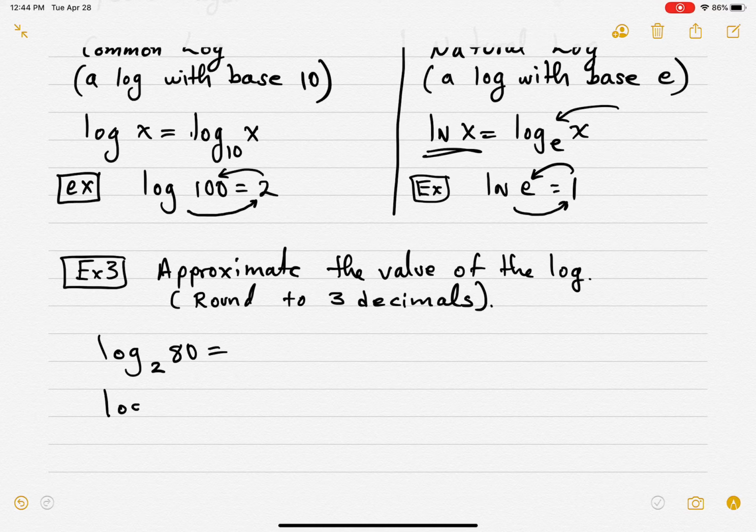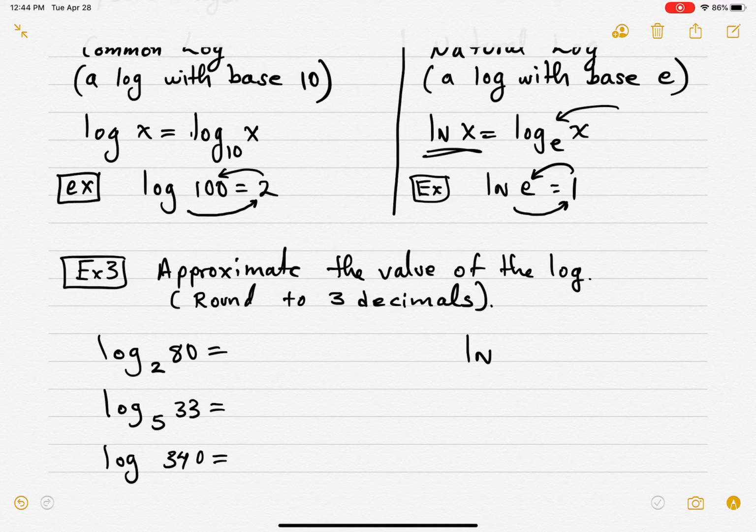What is the log base 5 of 33? And what is the log of, say, 340?